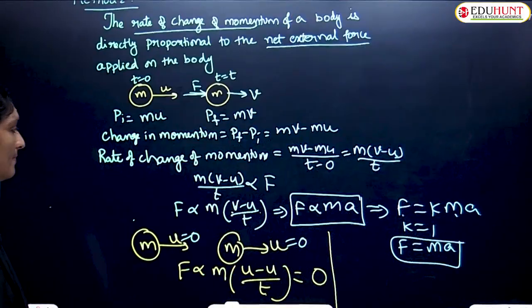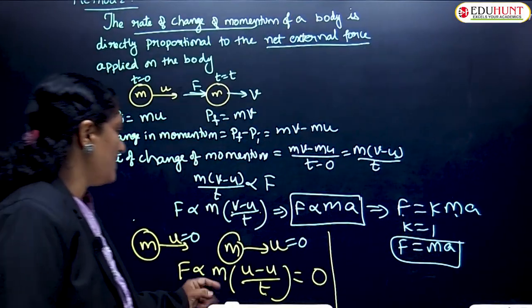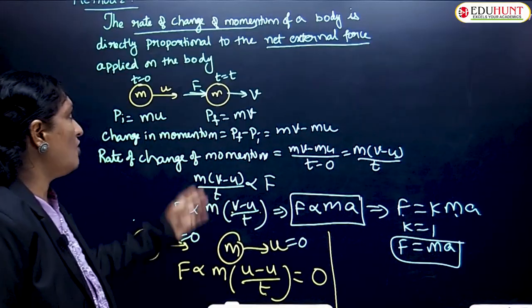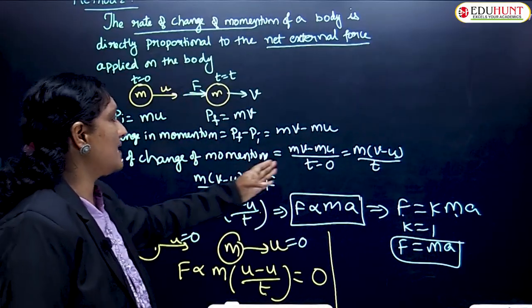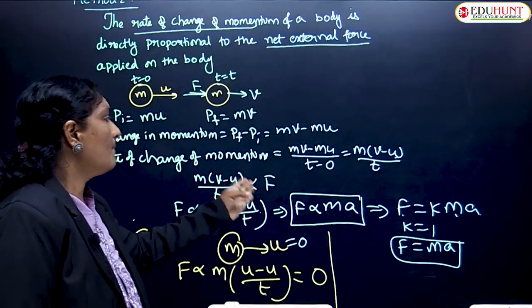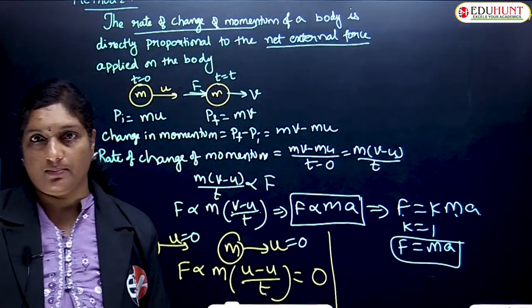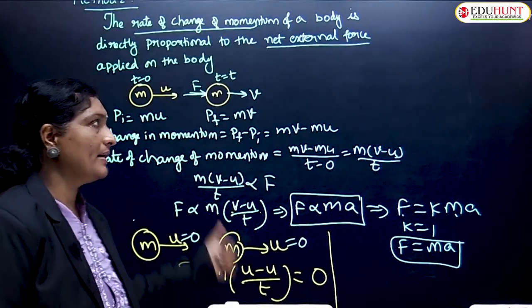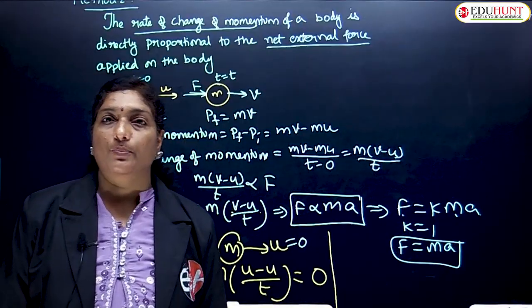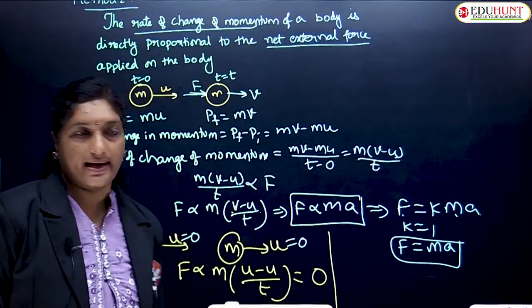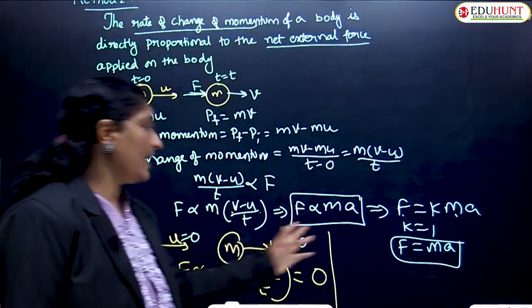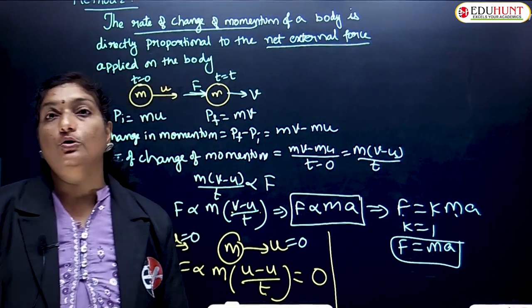Method 2: the rate of change of momentum of a body is directly proportional to the net external force acting on the body. Based on that, we can also explain Newton's first law.